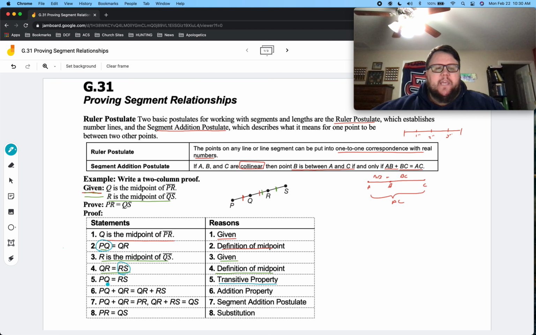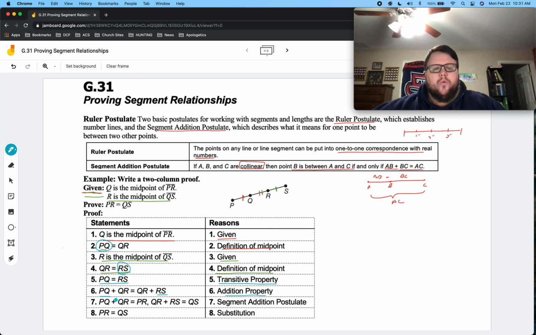Then we have PQ plus QR has to equal QR plus RS. Well, we know that PQ equals RS, and QR equals QR. So PQ plus QR has to equal QR plus RS, and that's called the addition property.